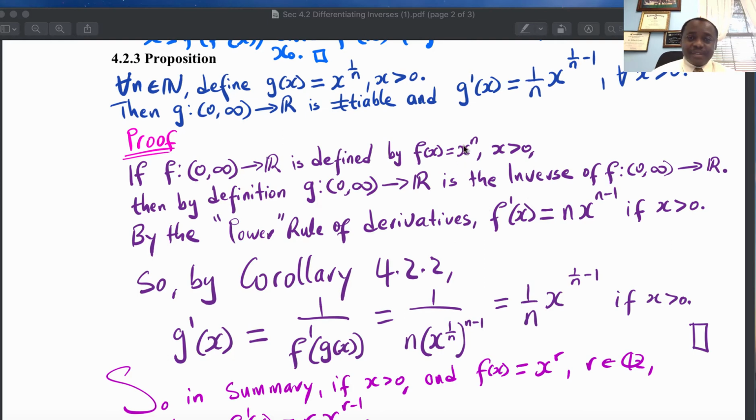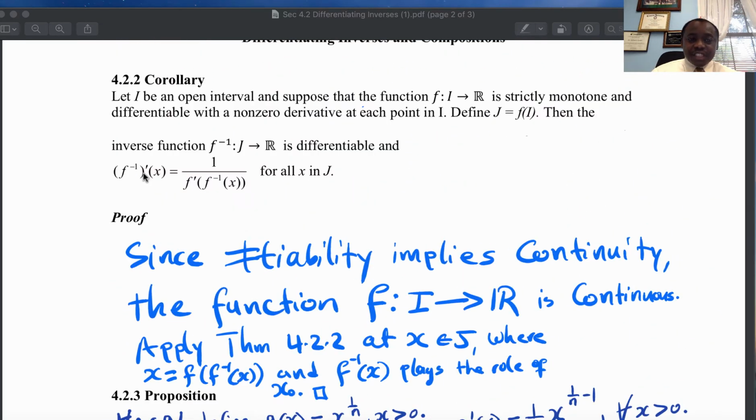As I mentioned before, by the power rule of derivatives, the first derivative of f would be n x to the n minus 1, where x is strictly greater than 0. Now we can apply corollary 4.2.2.